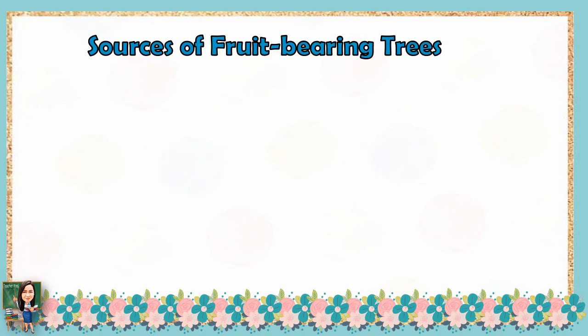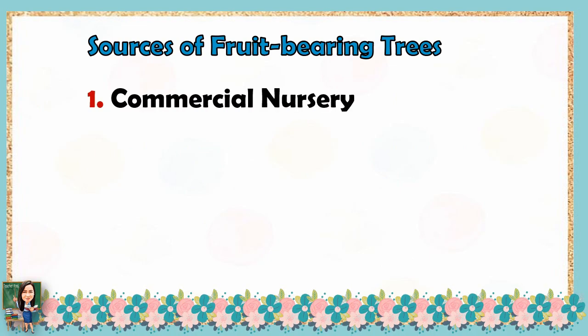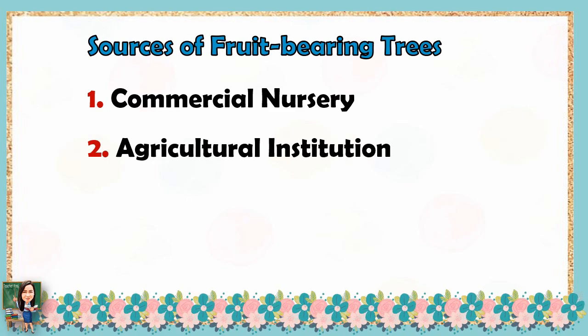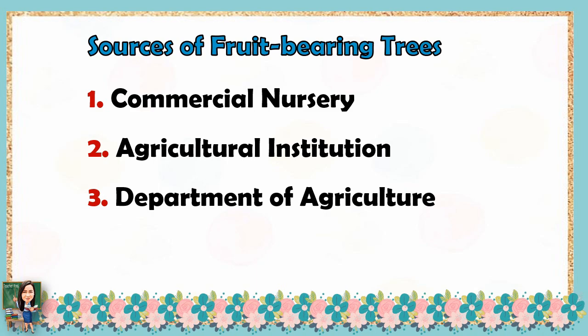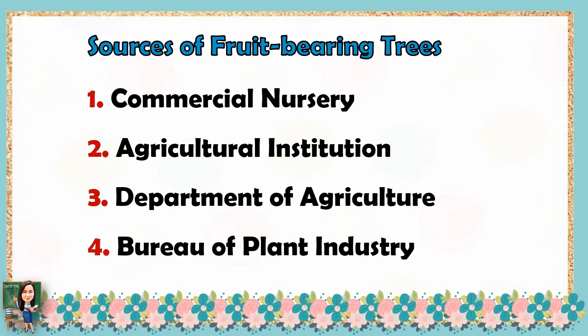There are different sources of fruit-bearing trees. These are number 1, commercial nursery. Number 2, agricultural institution. Number 3, Department of Agriculture. And number 4, Bureau of Plant Industry.